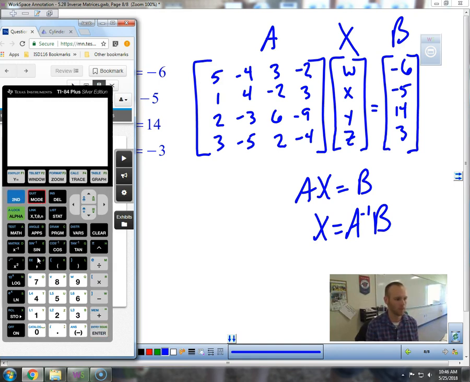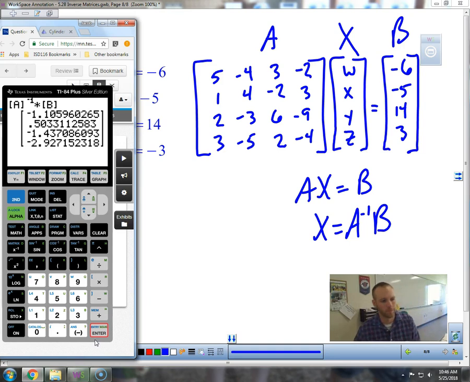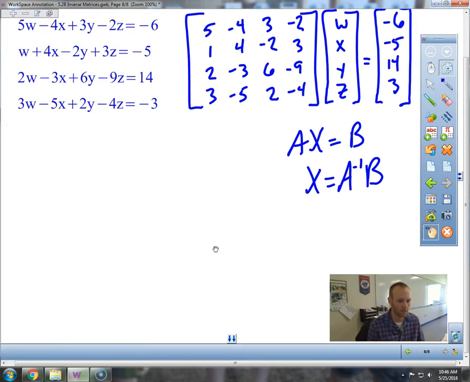I can quit out. I'll go matrix A inverse times matrix B. There it is. Oh man, I'm glad I wasn't solving this one by hand. We ended up with some not very pleasant values.